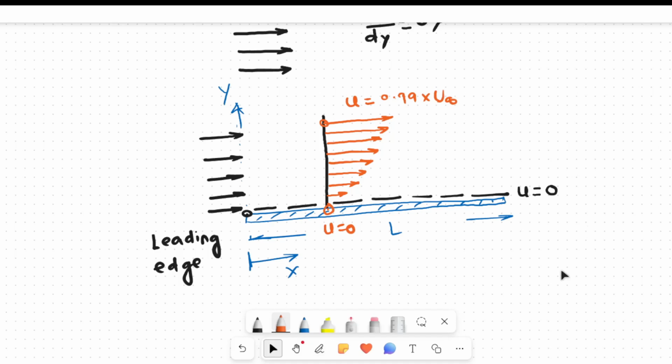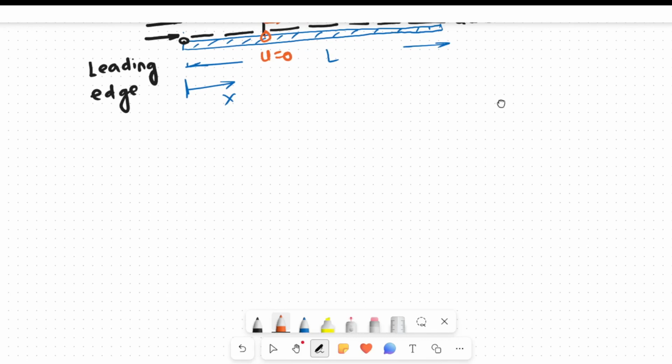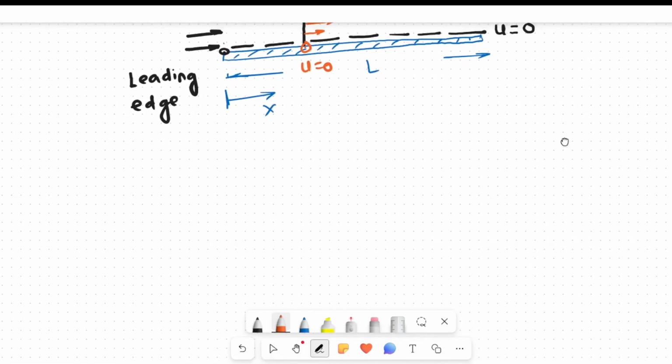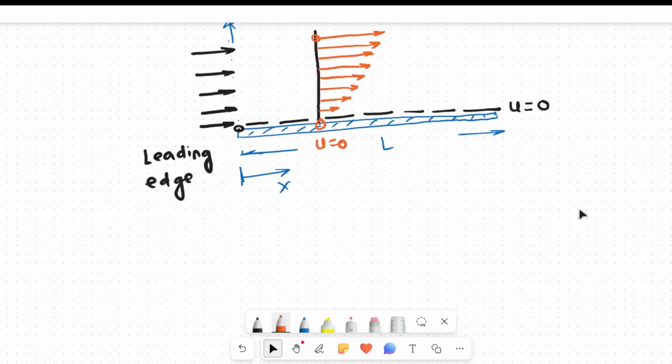Now, what we do, we'll try to find out the locus of various points where the velocity is equal to the free stream velocity.